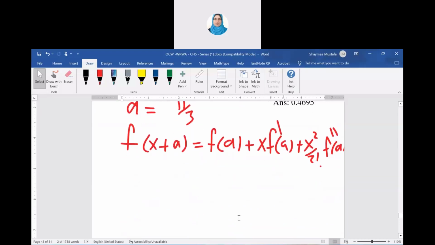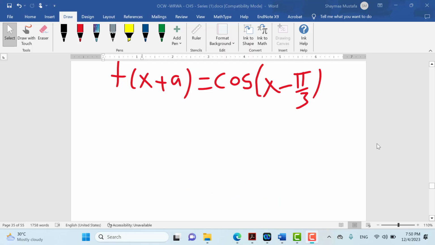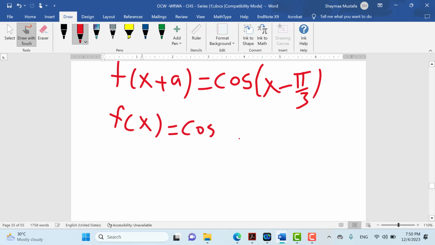So your function is cos of x plus a, which is equal to cos of x plus pi over 3. So the function is cos x. So we have f of x equal to cos x.